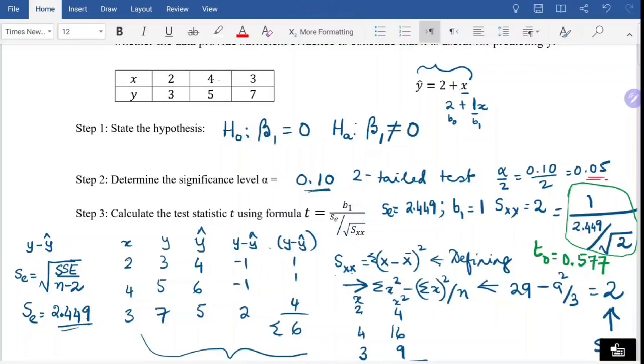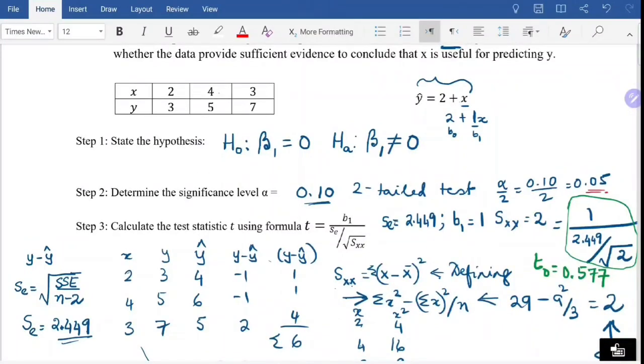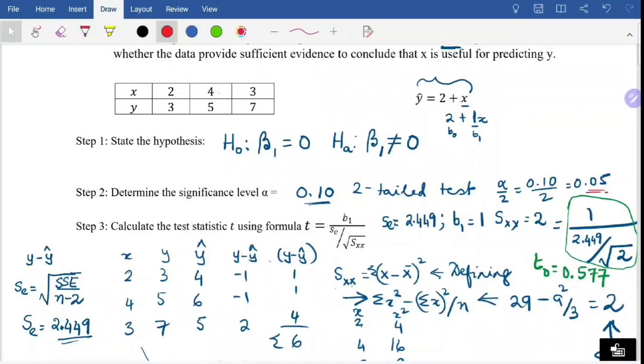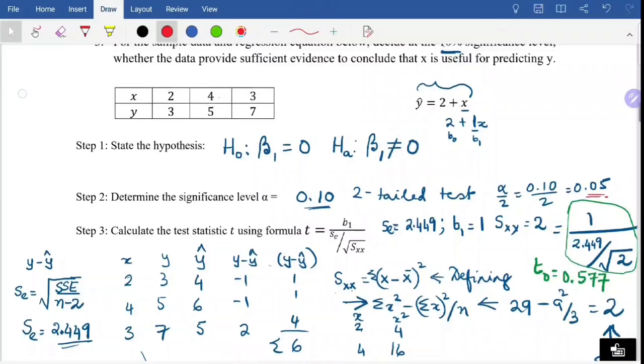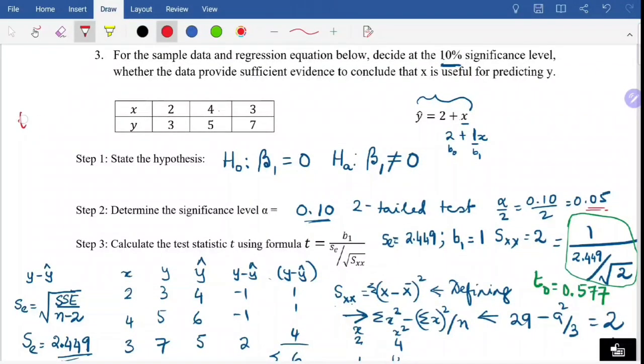Now, previously we said the t formula, let me write it on this side, t equals b sub 1 minus beta sub 1 divided by s sub e over square root of s sub xx. Now, in this formula, however, we just have b sub 1. Why so? Because look at our null hypothesis. Our null hypothesis says beta sub 1 equal to 0. So we could have used this equation.